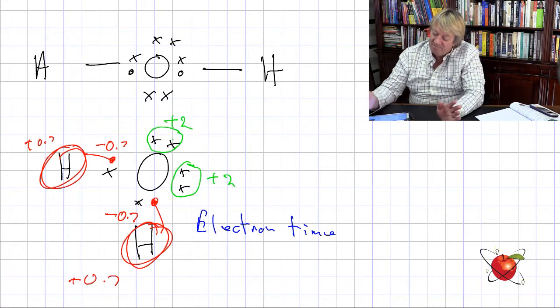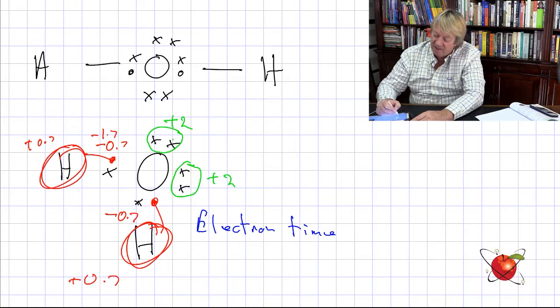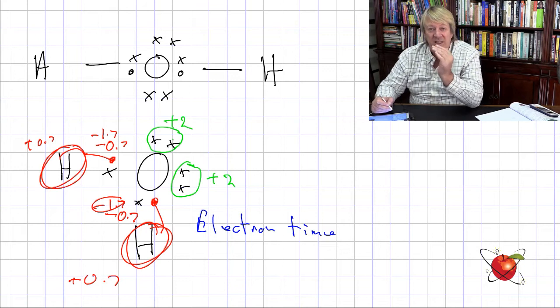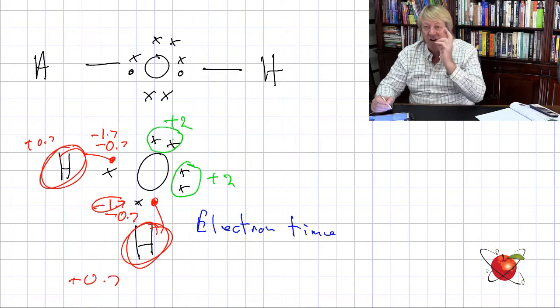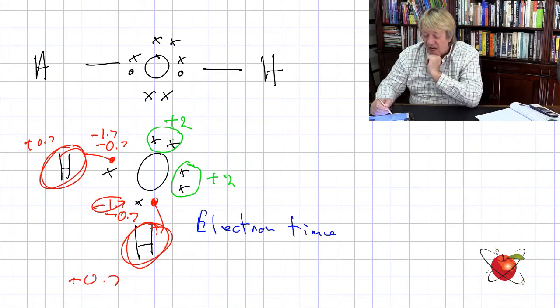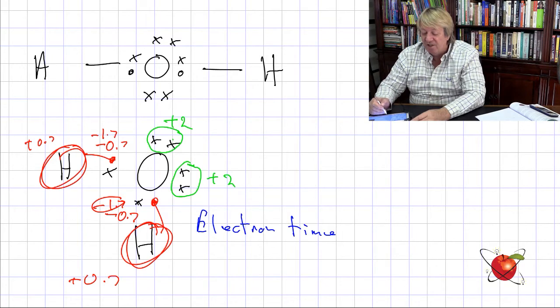Right? So let's just think of this as minus 1.7. Do you see that? There's the minus 1, it's always there. This one, the red one, 70% of the time it's there, but 30% it's gone. So I can't call it a minus 2. I've got to call it a minus 1.7.